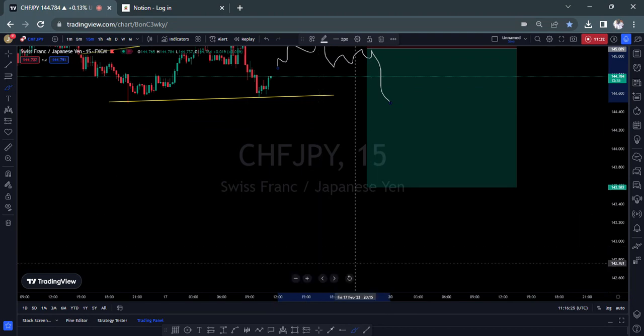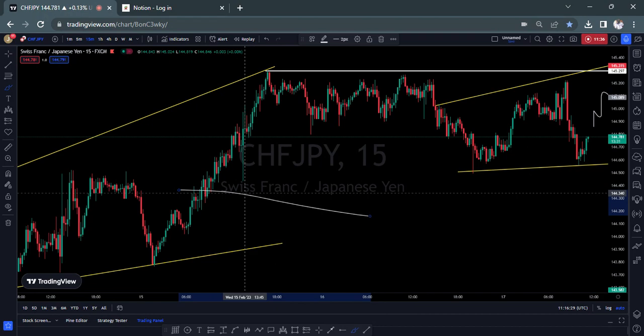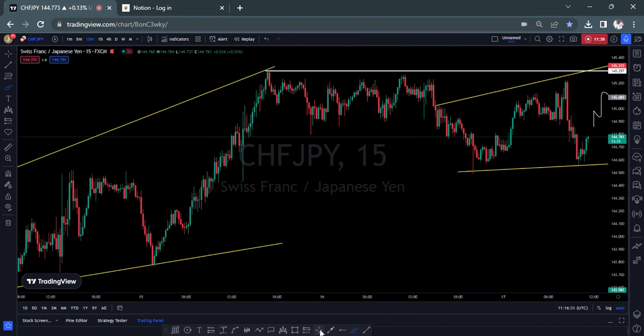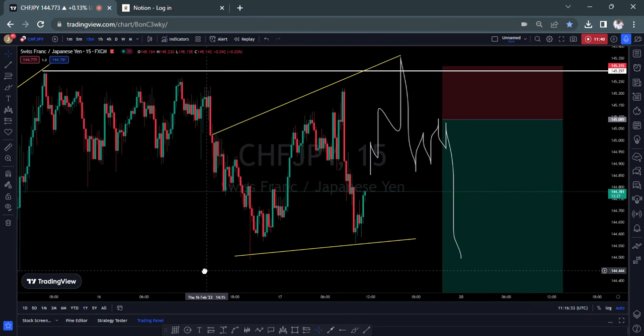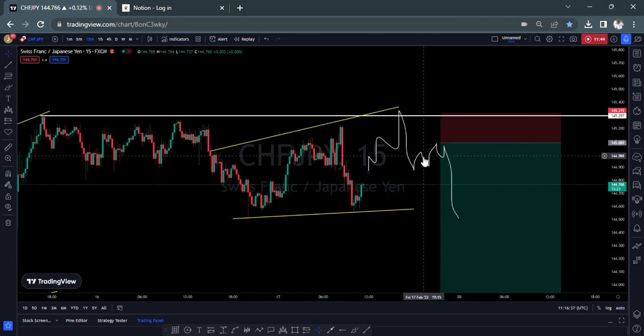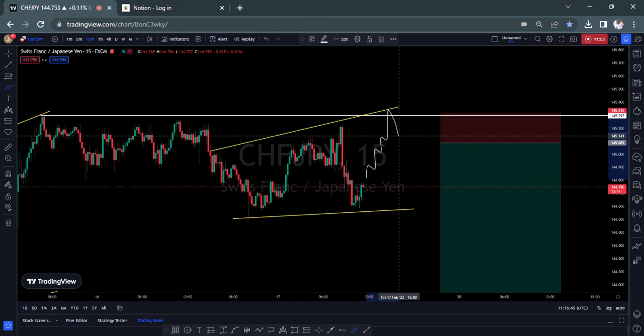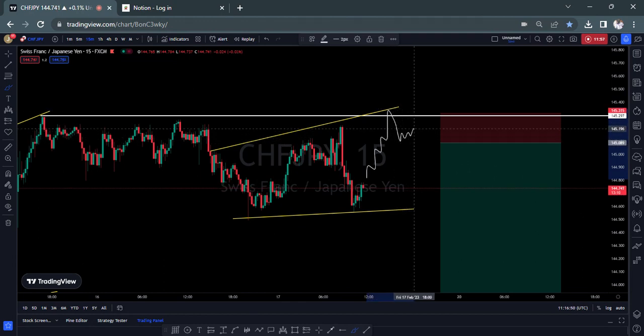I can't just enter the trade for the buy now. You can see the price is actually going up to make the third touch. So I'll be waiting for it to make the third touch and maybe something like this, you know, then a correction.